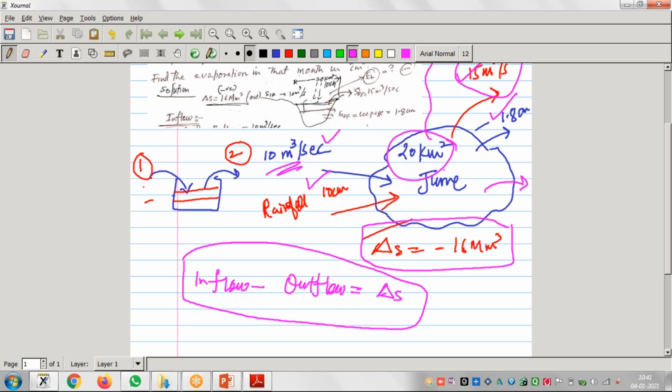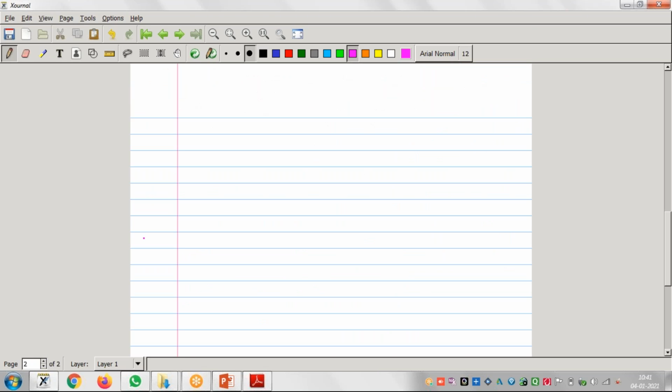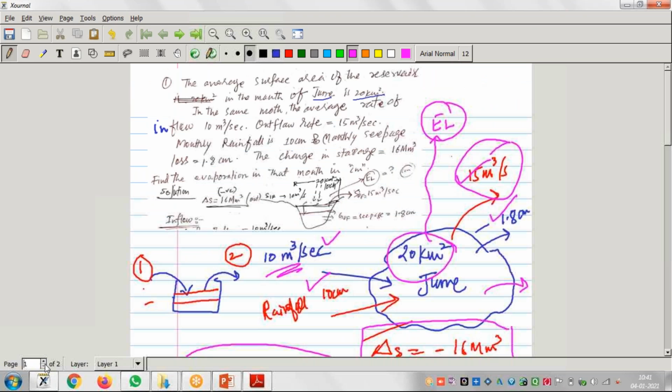So first of all, we will do one thing. All given data we will write and we will convert this into one unit. Because see, this is given in meter cube per second incoming, and this is given in depth. Means they are two different units. Similarly, outflow is also given in meter cube per second and in depth also.